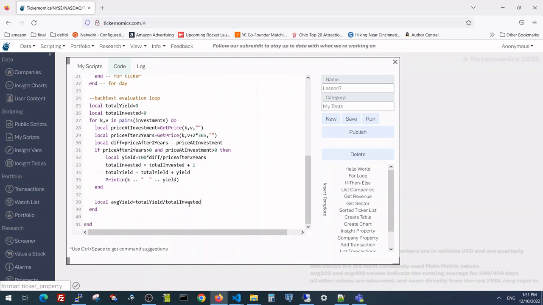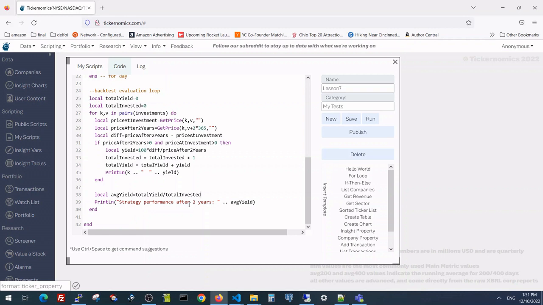All right, and that's essentially the performance of our strategy. That's the answer we are looking for, right? Okay, I think that's good enough. Let's just run it now.